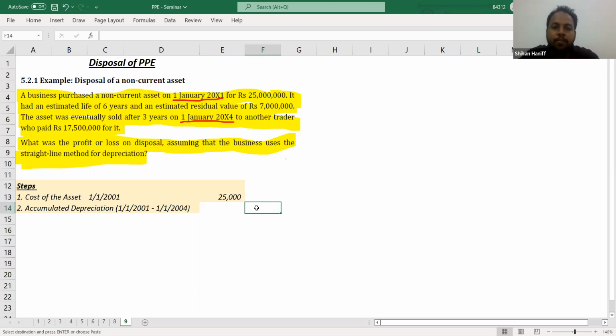So 25 minus 7 is 18. 18 over 6 is 3,000. 3,000 into 3 years, total 9,000.